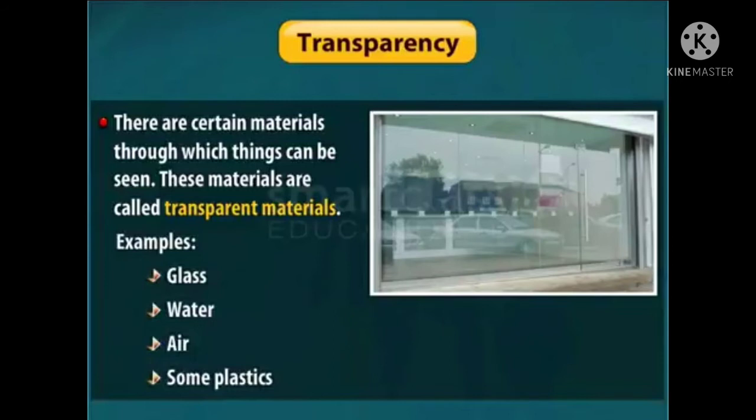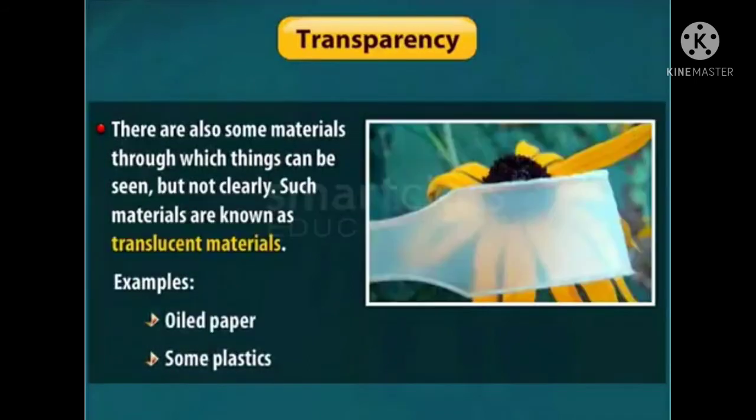So, we can say that certain materials through which things can be seen are called transparent materials. Examples: glass, water, air, some plastics, etc. There are also some materials through which things can be seen but not clearly.